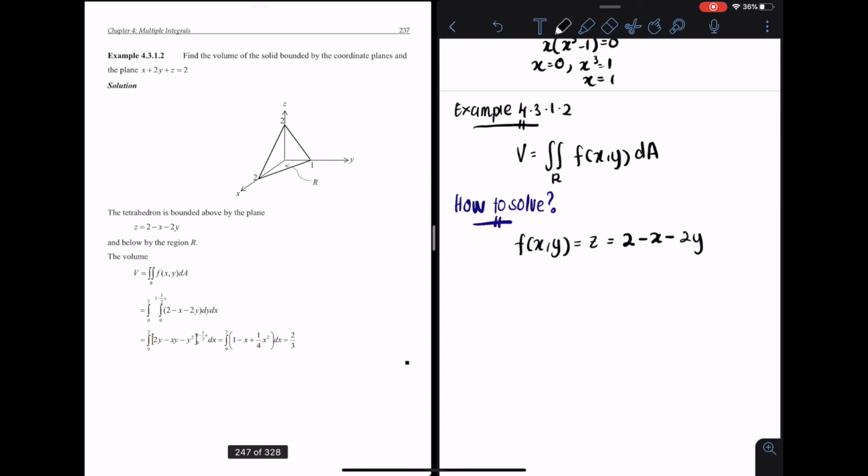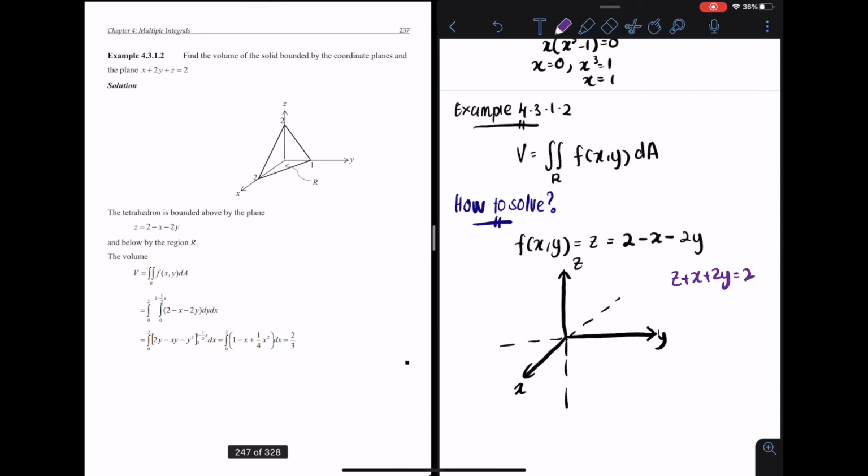I have to sketch the region R. But when you try to sketch the region R, the description is given in terms of a solid in a 3-dimensional coordinate system. So if you look carefully on page 237, the authors sketch the graph in 3D that involves z, y and x. Now you have this equation z plus x plus 2y equal to 2.